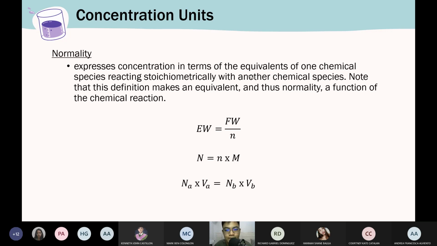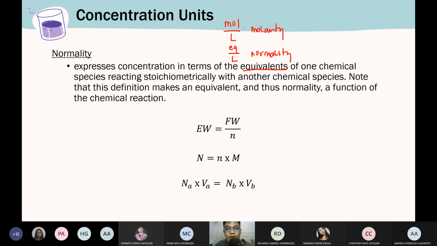So, hindi siya mole per liter. Kasi kapag mole per liter, this is molarity. Instead, in normality, we report everything as equivalents per liter.